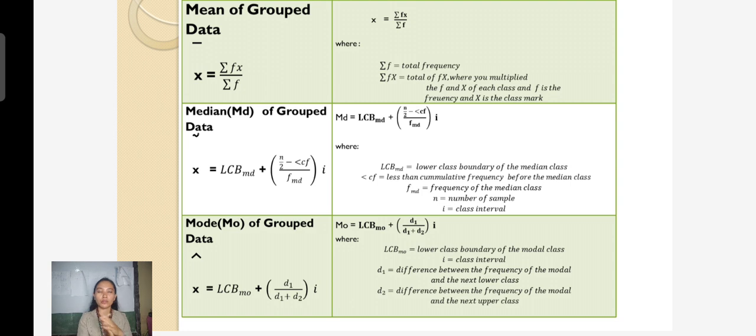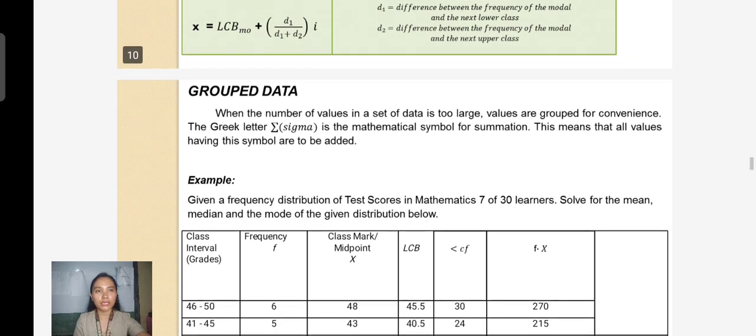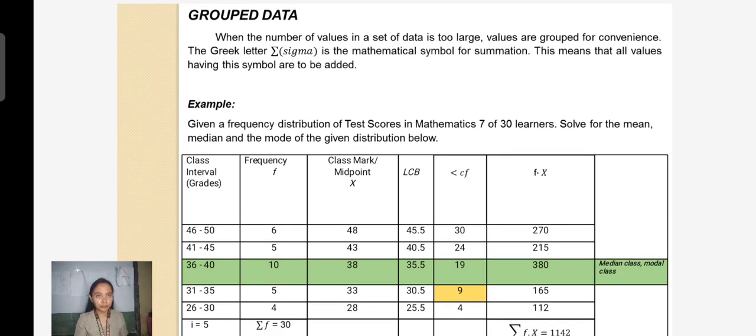So kaning mga formula sa mean, median, and mode of group data, ato ni siyang masabtan given an example. Okay. So unsa man ang group data? It is when the number of values in a set of data is too large. Kanang imuhang respondents or imuhang set of scores kay 30, 40, 50, 100 na ka mga scores.